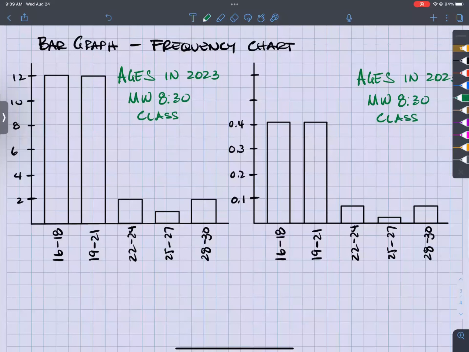So this here is my frequency. And this is my relative frequency.